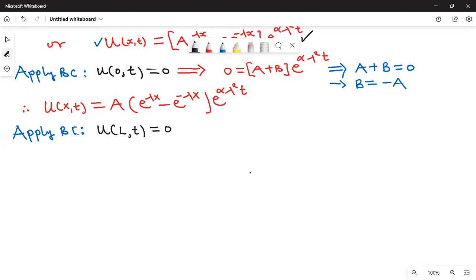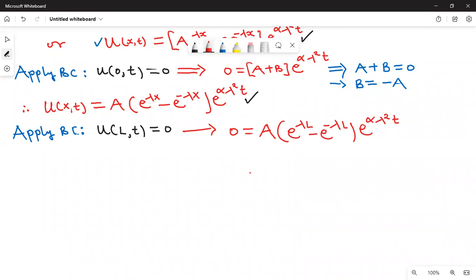So that means you substitute x equals capital L into this equation to get U equals 0. So we are going to get 0 equals A, we are replacing x, so we'll have exponential lambda L minus exponential negative lambda L times exponential alpha times lambda squared times t.